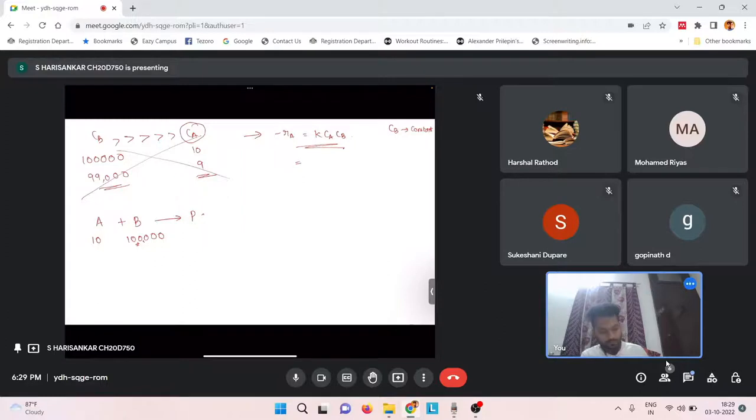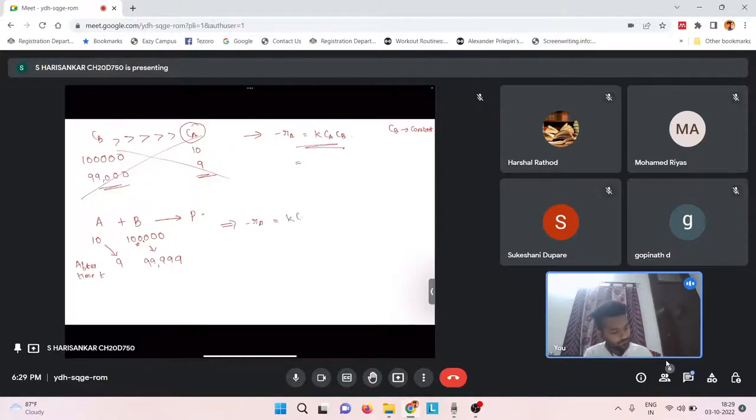Then after a time t, A will be 9 moles, and the 100,000 will be 99,999 moles.